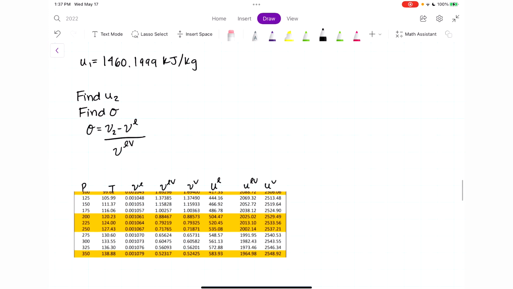And the formula to find U2 is equal to quality times UV plus 1 minus quality times UL.